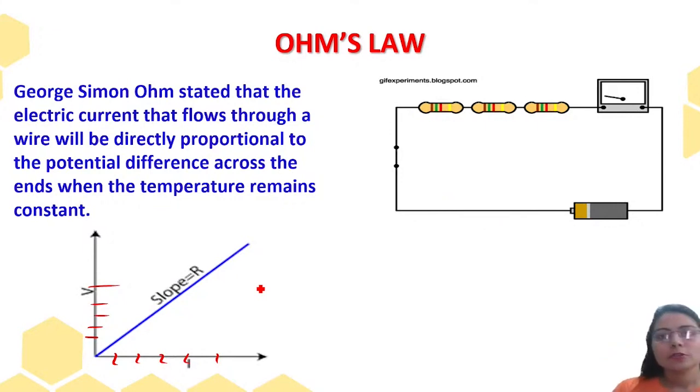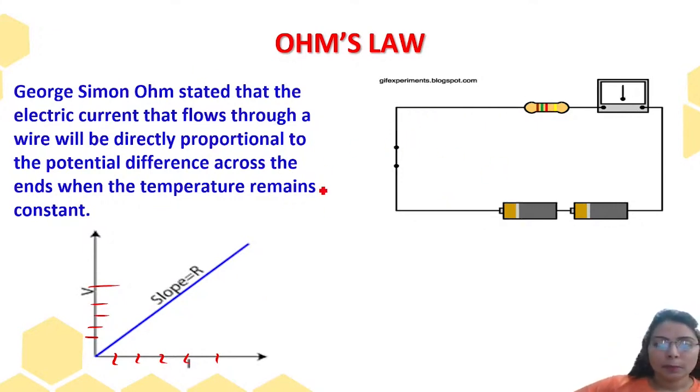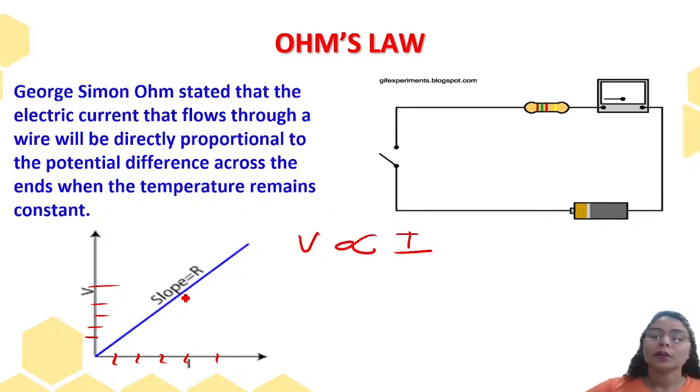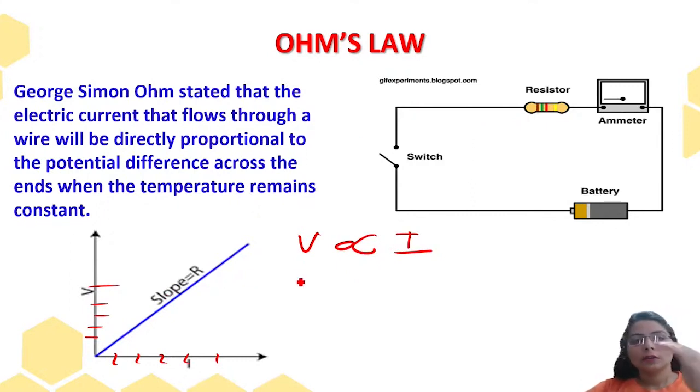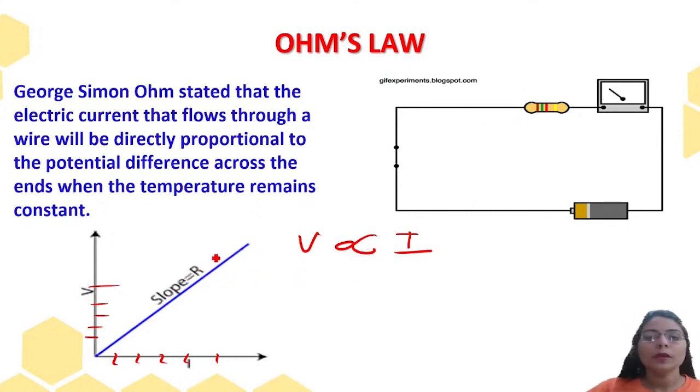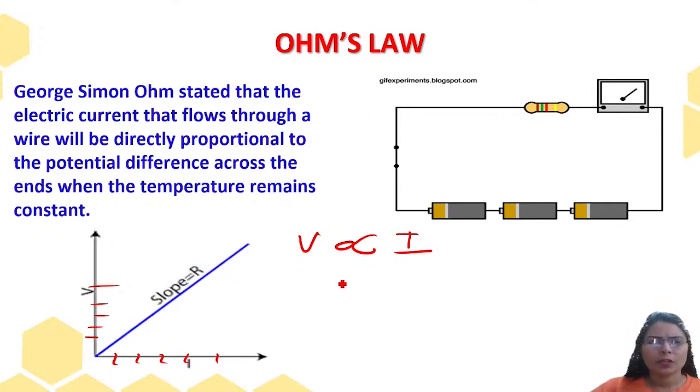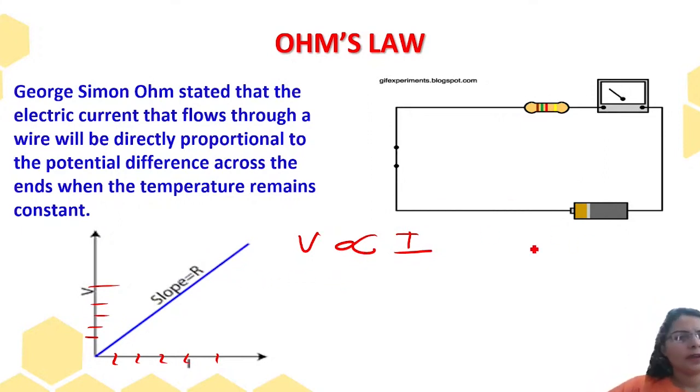So they found that the potential difference across an end is directly proportional to the current that flows through the particular circuit, connection, or wire.